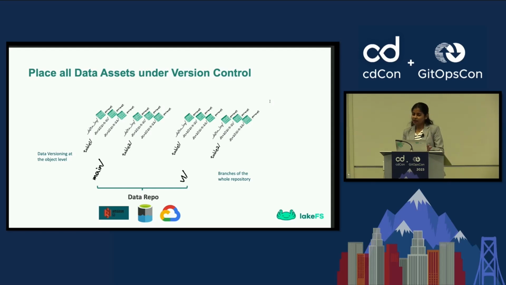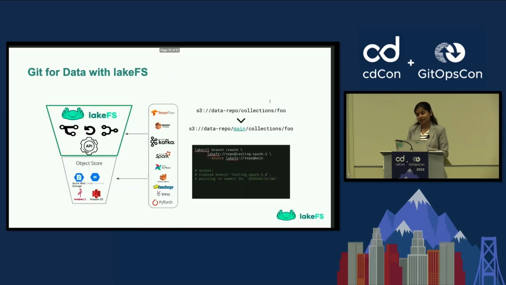And how exactly can you do this? This is where LakeFS comes in. Like I introduced LakeFS before, it is an open source data versioning engine that offers a Git-like API. If you look at it here, LakeFS sits as a metadata or versioning layer on top of your object store, the object store being any of these cloud providers: S3, MinIO, Azure Blob, or GCS.